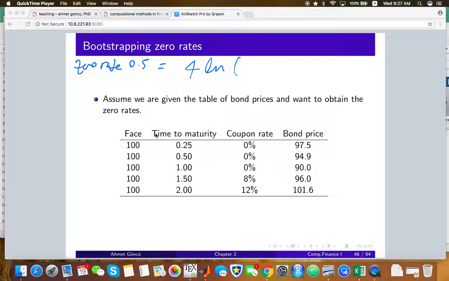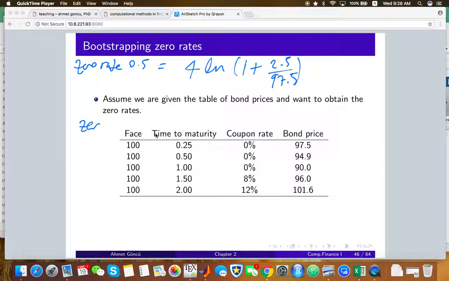If we use continuous compounding, then we should use the natural log here, and our return is multiplied by 4 because this has 3 months maturity, and it will compound 4 times in a year. And here you have $2.5 return from your investment of $97.5. Okay, so this gives you the zero rate. You can do the calculation here.